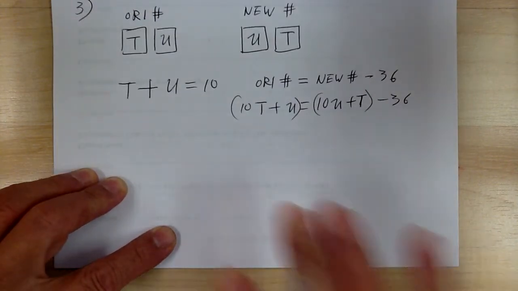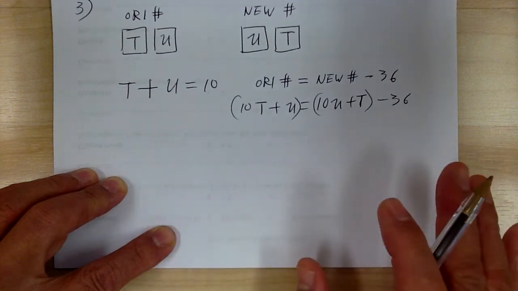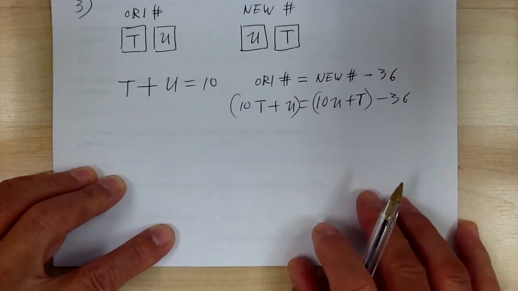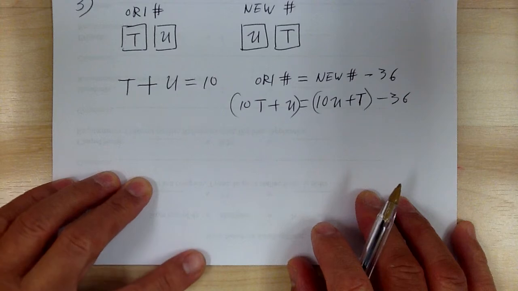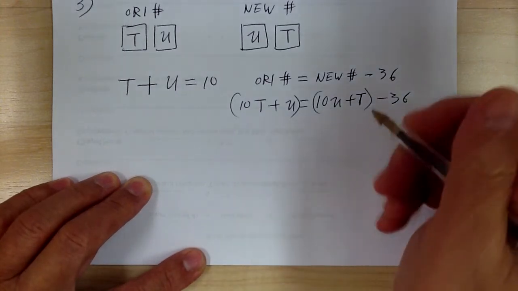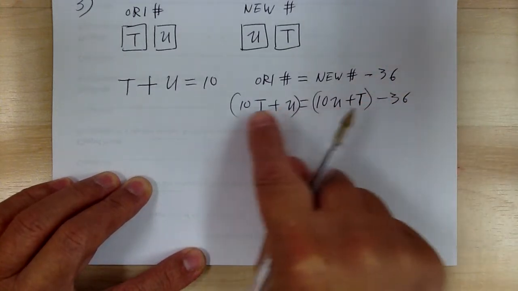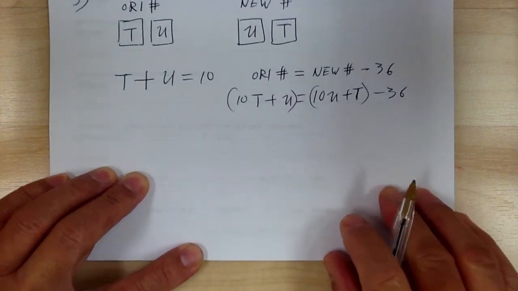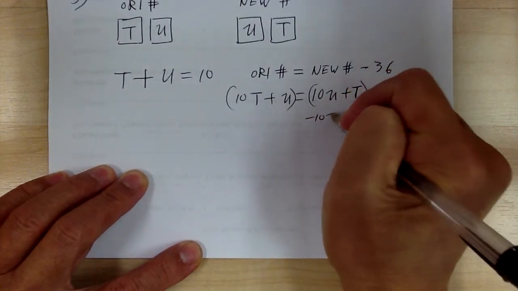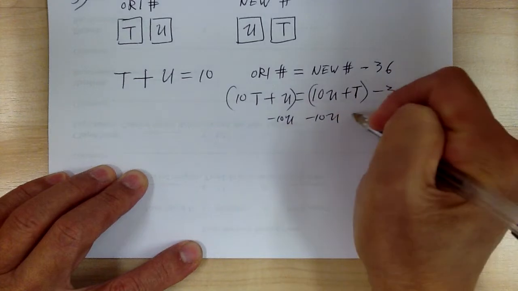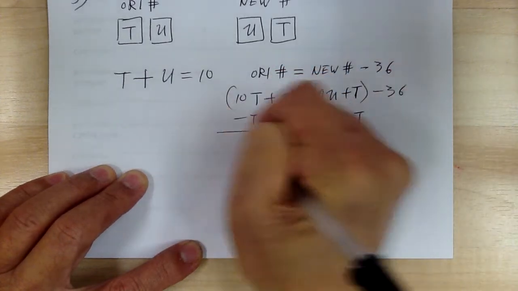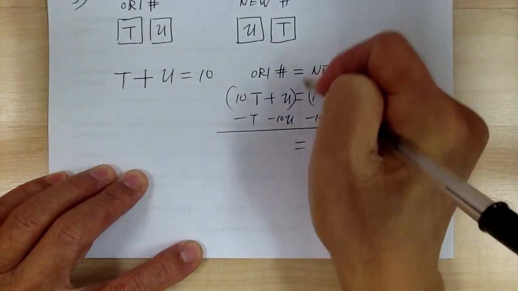So now, once you translate into an equation, it's a matter of using your technique to solve. So I'm going to move all the variables to this side, right? Again, you know this before. So minus 10u, minus 10u, minus 1t, minus 1t. So all this gets canceled out on one side of the equal sign.